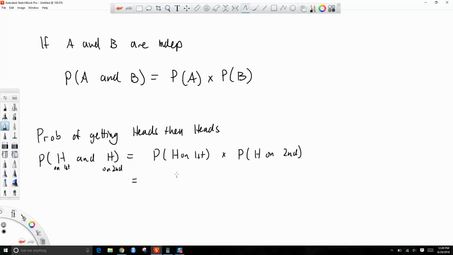So this becomes 1/2 times 1/2. So the probability of getting heads and heads is going to be 1 out of 4. Okay. There are a few exercises in the homework that cover this, and I'll have to leave it to you there.